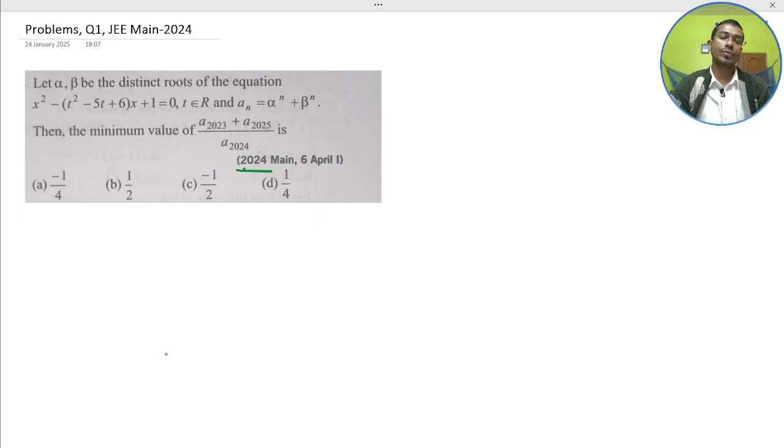So we just use here Newton's formula, very important.